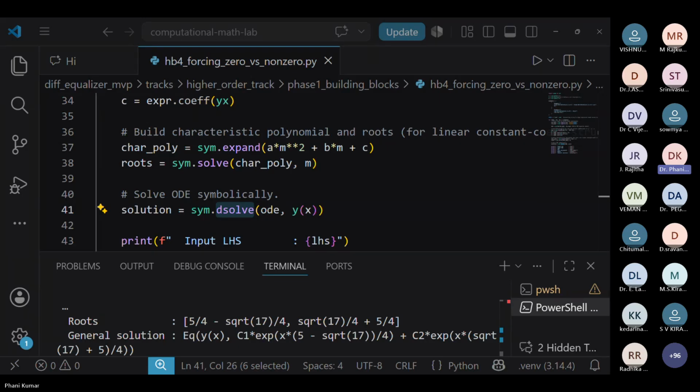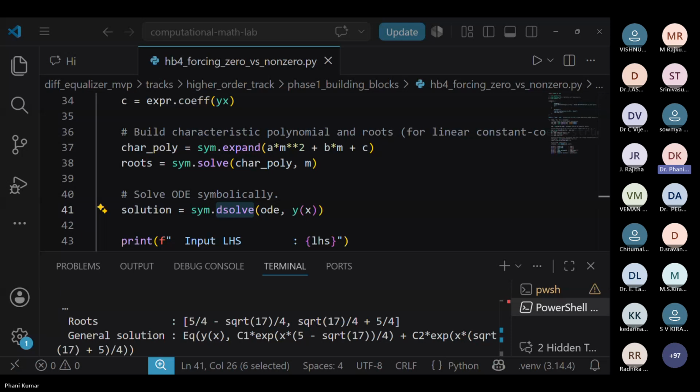But what dsolve does, whenever we use this method, is give the direct solution. So whatever the solution, you get dsolve ODE of y of x. By using this method, there is no need for the characteristic equation or characteristic polynomial; directly enter the differential equation and we get the solution. But that is not correct.